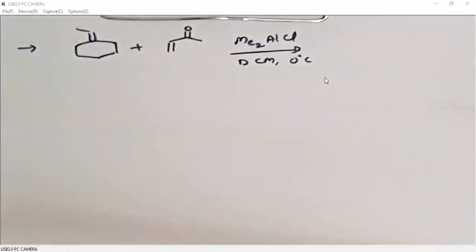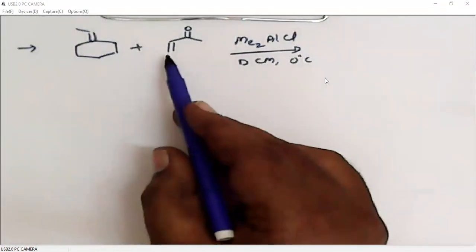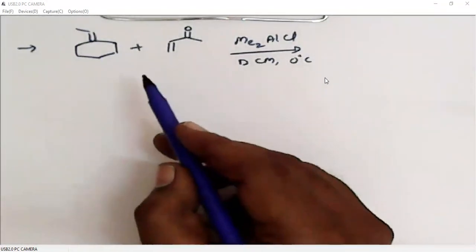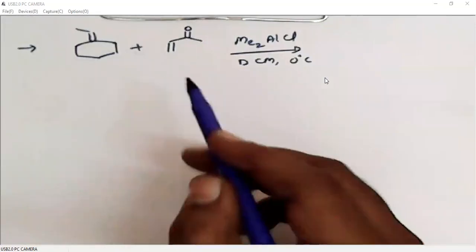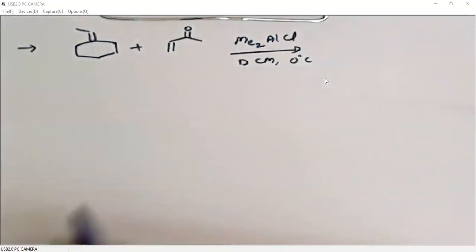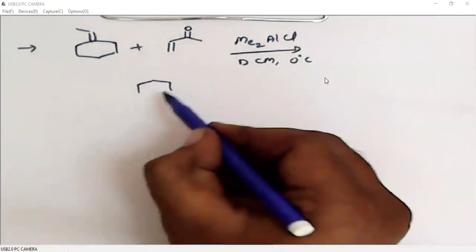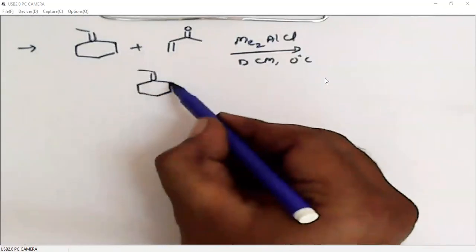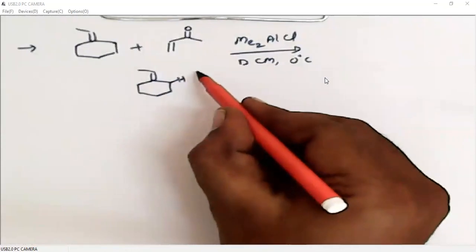It is always a proton which is transferring. Okay, it is not the hydride transfer. It is the proton which will undergo a transfer. Now we need to rearrange this. We will rearrange this and we will try to write the product.